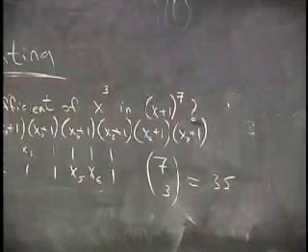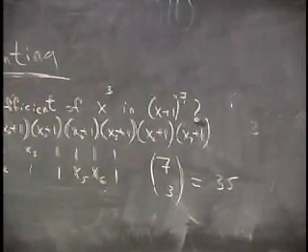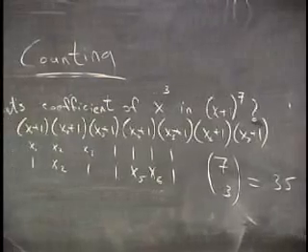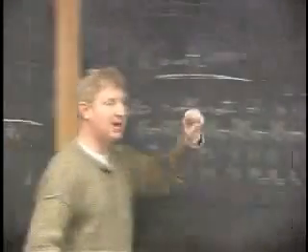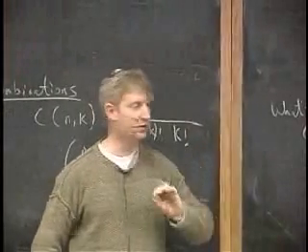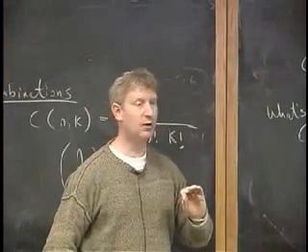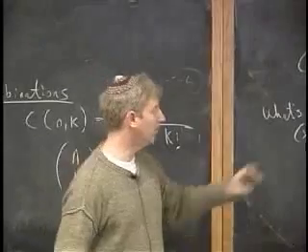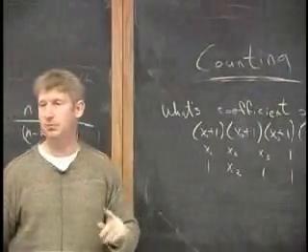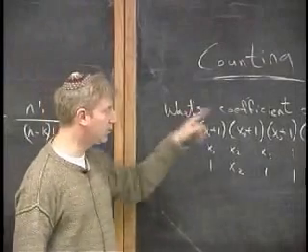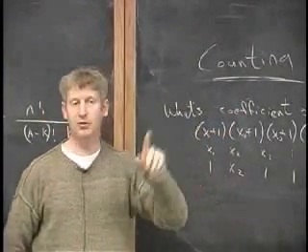So it's better that we do it this way than exhaust them all. That means there are 35 ways of multiplying these terms together and getting 3 x's in the resulting term. That means there are 35 pieces of this multiplication that will have x cubed. So the coefficient in front of the x cubed is going to be 35.